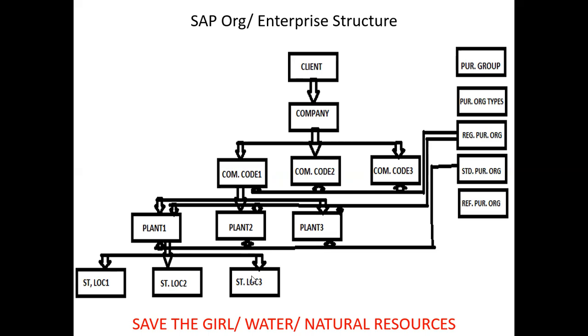In Bommanahalli, some purchase activities. In the same way, if I have more, I can add them. In Hyderabad, Ameerpet has manufacturing, Begumpet has sales and purchase activities. So I can define one or more storage locations under each plant. So this is one part of the enterprise structure.